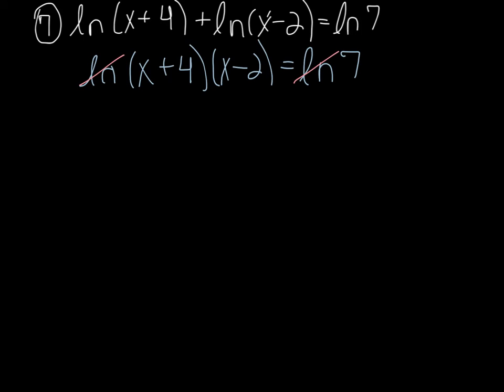So we're left with, when we FOIL, x squared. You have a minus 2x and a plus 4x, so that's a plus 2x. And minus 2 times plus 4 gives me a negative 8. And that equals 7. I'm going to subtract the 7 to the other side to get it into standard form.